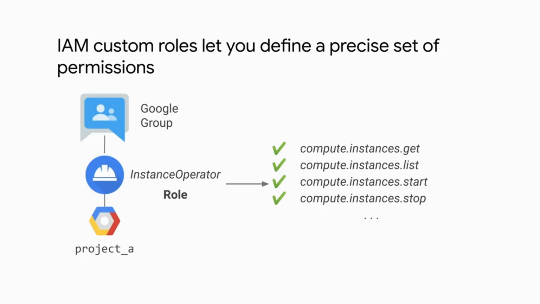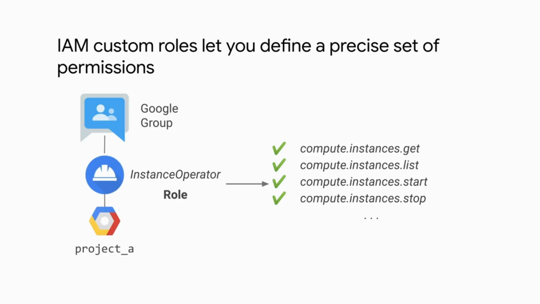A lot of companies use a least privilege model, in which each person in your organization has the minimal amount of privilege needed to do his or her job. So, for example, maybe I want to define an instance operator role to allow some users to stop and start compute engine virtual machines, but not reconfigure them.